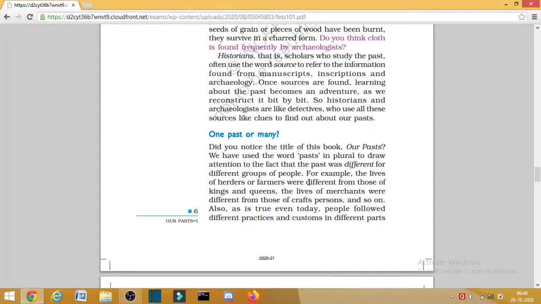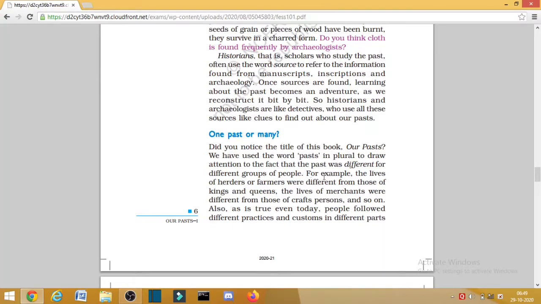It is written in the plural form. The singular form is past, and when an s is added, it becomes plural. It was different in different times.